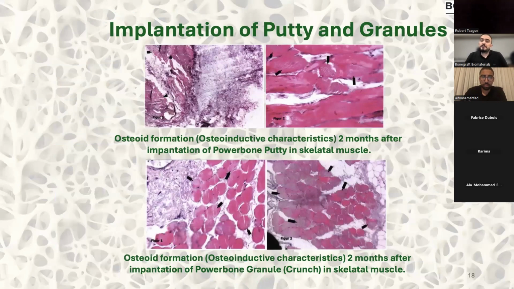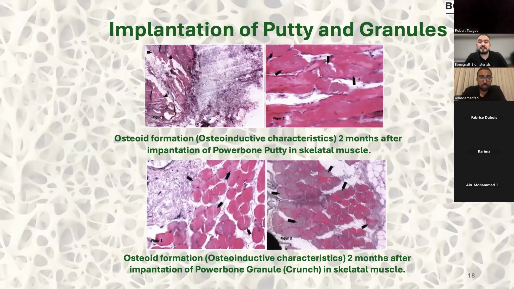In the animal tests, we can also confirm that putty and granules are osteoinductive when implanted into the muscle tissue. For osteoid formation in the muscle tissue, the graft material has to have osteoinductive characteristics. Otherwise, it won't have any osteoid formation.